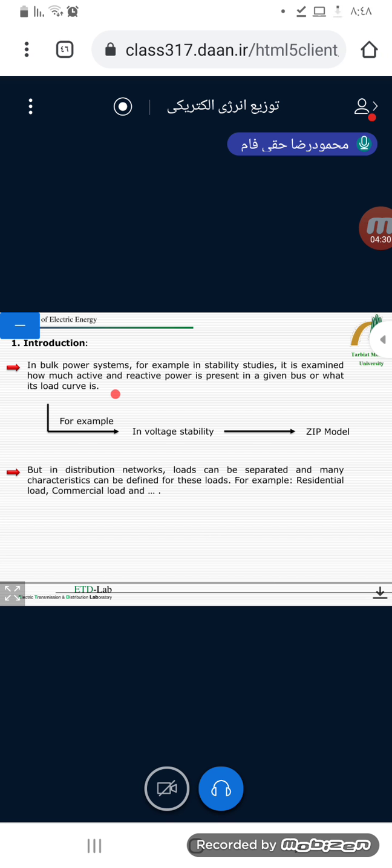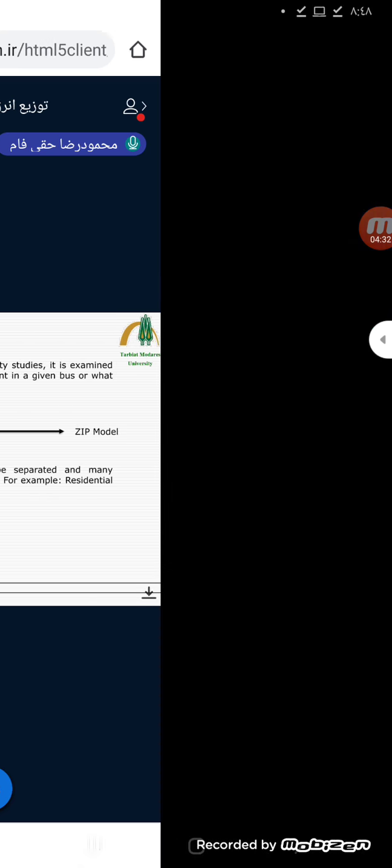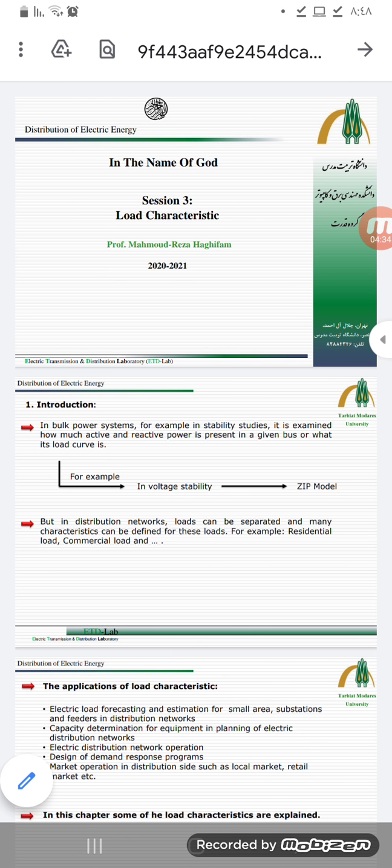For example, for voltage stability, we need a ZIP model for load. But in distribution networks, loads can be separated and explained with many characteristics for the definition of this load. For example, residential, commercial, and other load, and many characteristics for these loads.